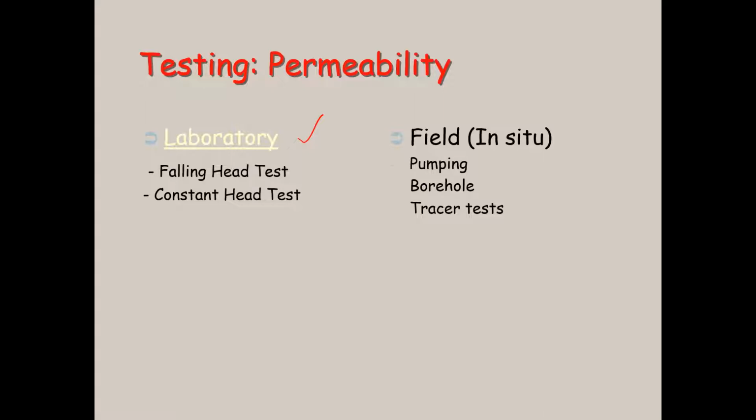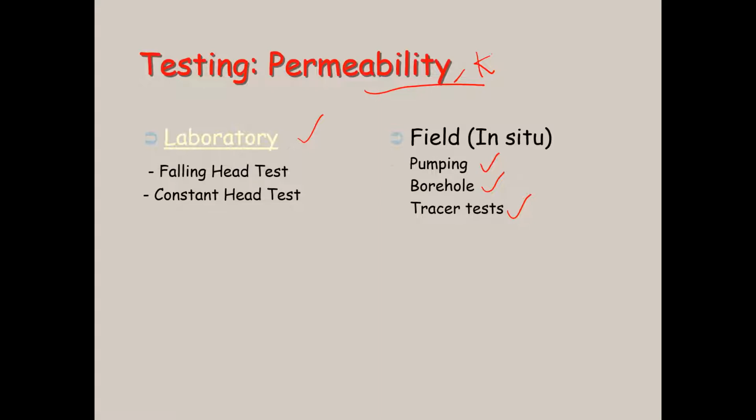Here I have also listed a few methods that can be carried out in the field, or in situ, to determine the K value: you have the pumping test, the bowl test, a tracer test, and some other methods that are not listed here. But again, for this course, we only discuss laboratory testing in detail.